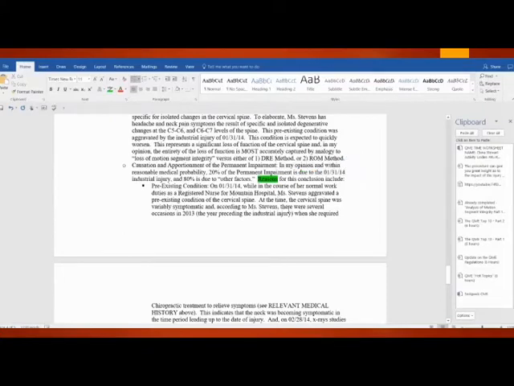And remember, for your opinion on apportionment to qualify as substantial medical evidence, you must provide the reasoning behind your opinions and conclusions, not simply just stating the opinions and conclusions.